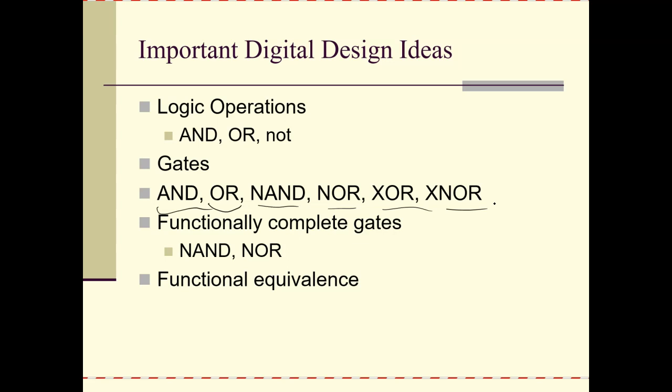But it's interesting that you can make NAND gates and NOR gates into inverters. You can make an AND gate perform an OR function. Of course, you can make a NAND gate perform an OR function. So in the end, the functionally complete gates are NAND and NOR. XNOR and XOR are kind of different issues.